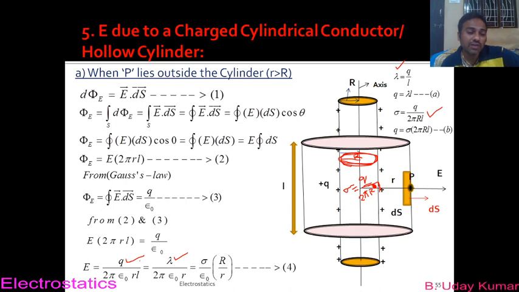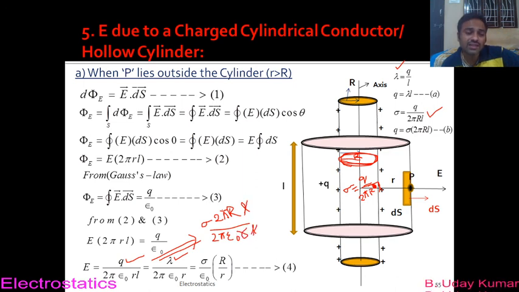Now in place of q, in the equation that I got, I can write E in terms of q, lambda and sigma. In place of q, I substitute sigma times 2 pi capital R L, divided by 2 pi epsilon 0 small r L in the denominator.